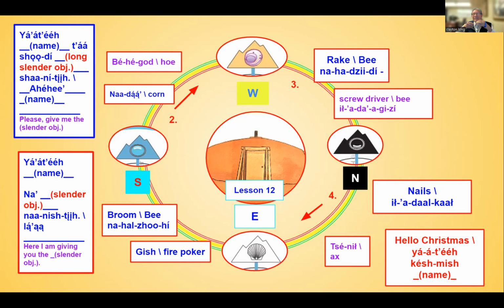So you can practice the long slender or knife Shaanítįįh, fork Shaanítįįh. All those are long and slender, or straw Shaanítįįh. You can mix. They say not to mix, but I think if you're just learning about a specific thing, Shaanítįįh, and you use that.